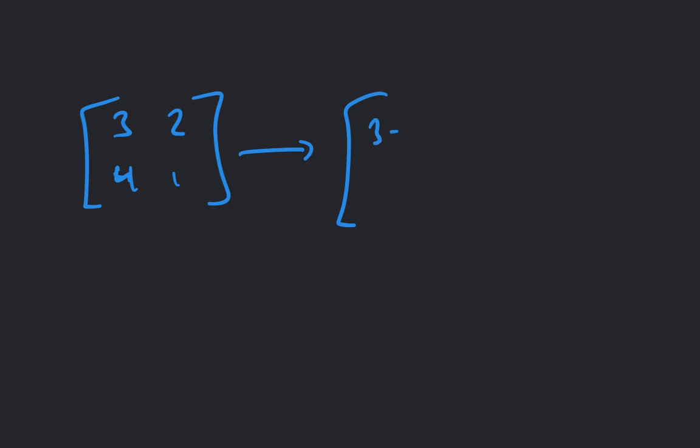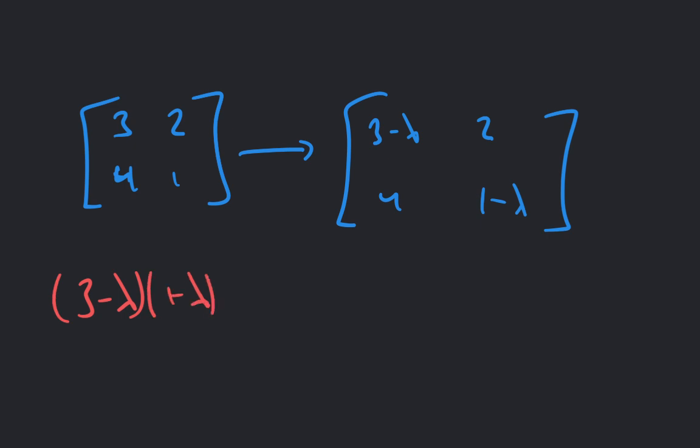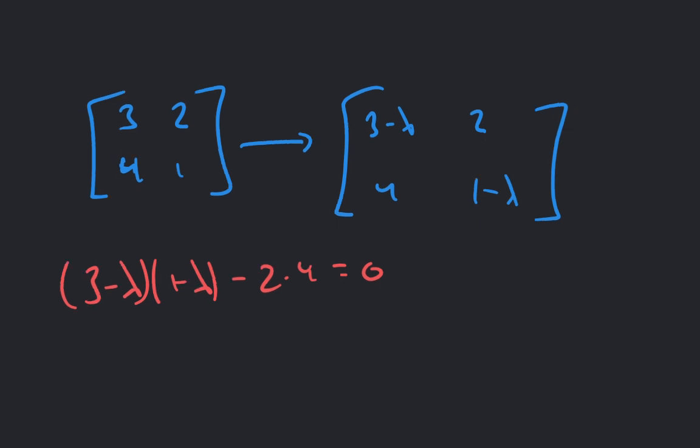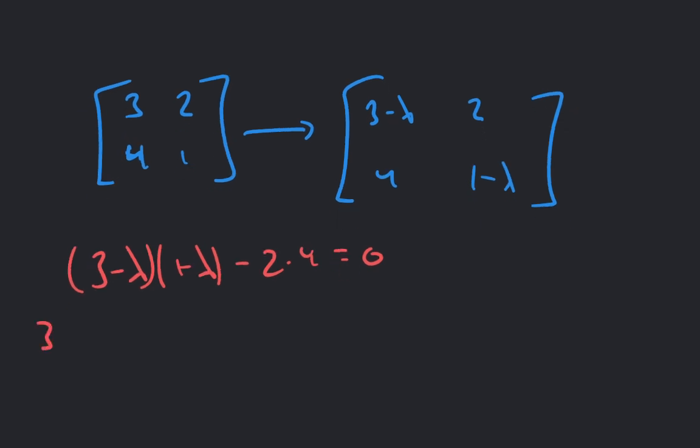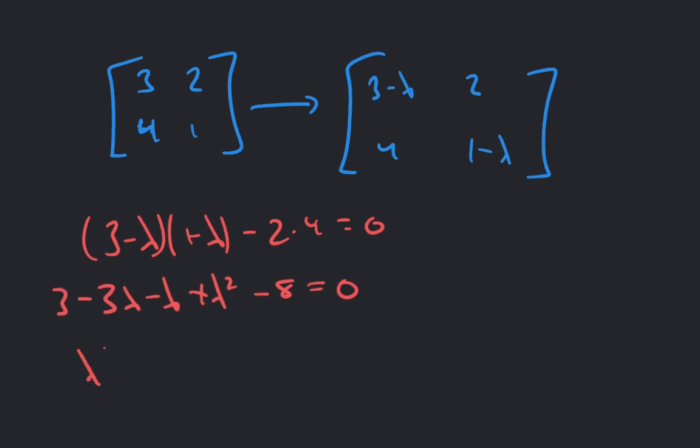We get 3 minus lambda, 2, 4, 1 minus lambda. Take the determinant and set it equal to 0. So we have 3 minus 3 lambda minus lambda plus lambda squared, or lambda squared minus 4 lambda minus 5 is equal to 0.